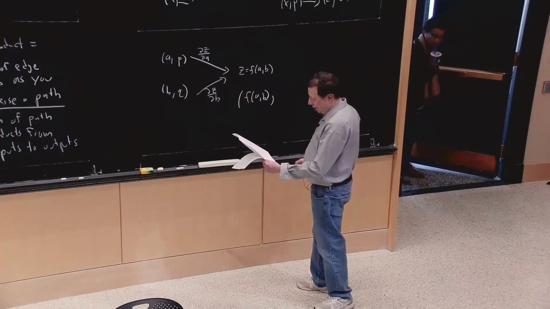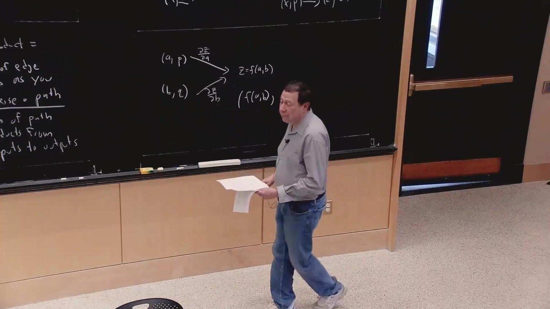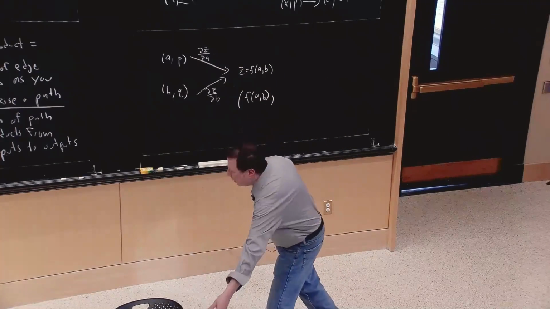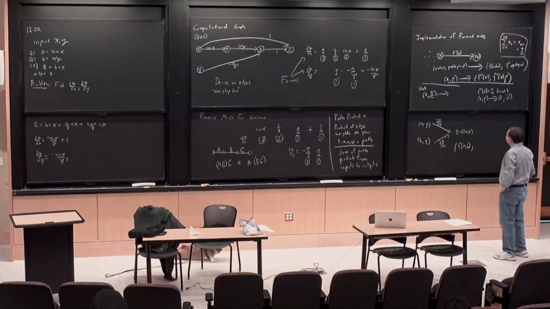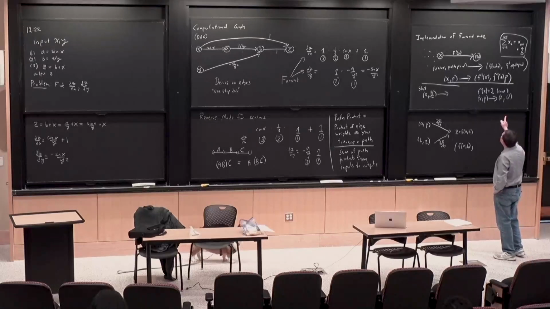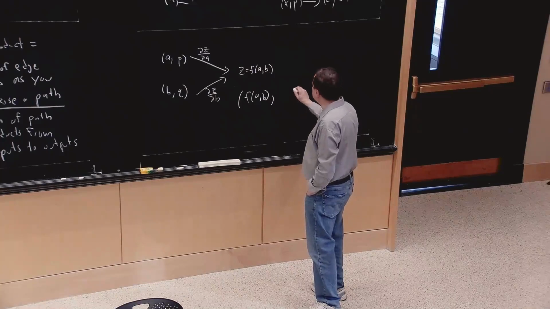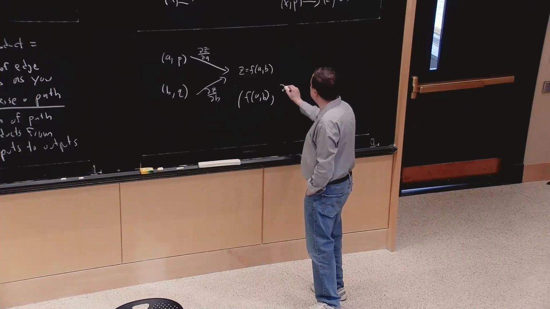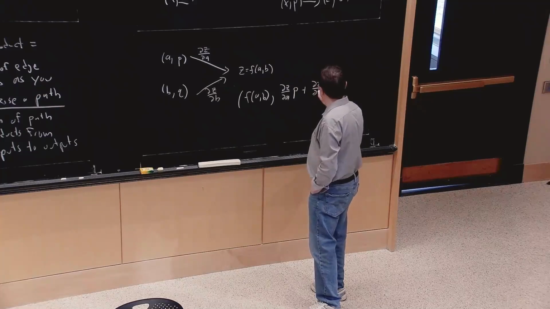Let's see, did I write this correctly? Let me get this right. So if I started with this, then what I have to do is take P times dz dA plus Q times dz dB.